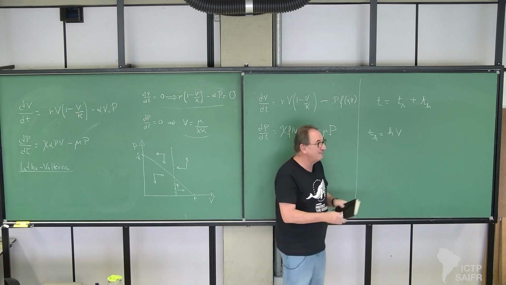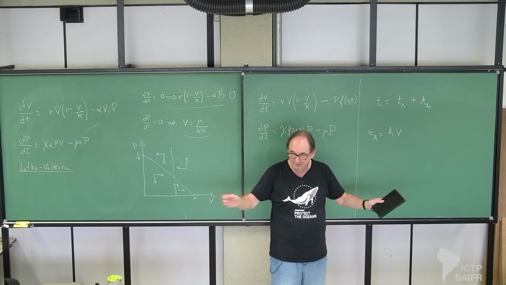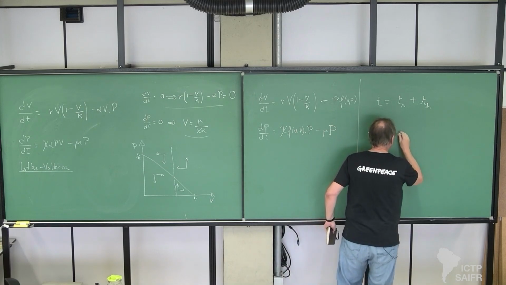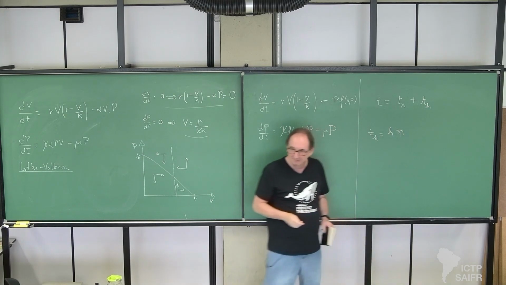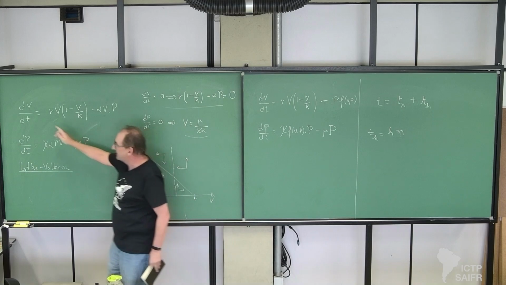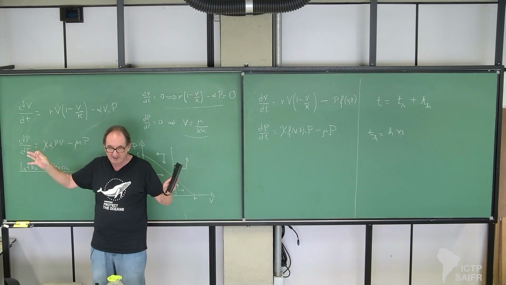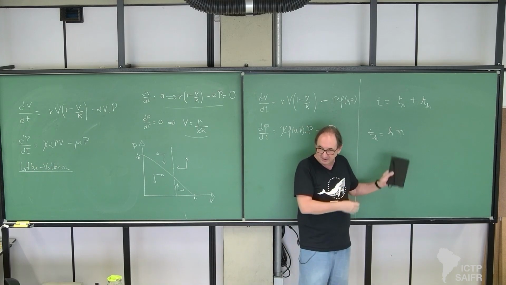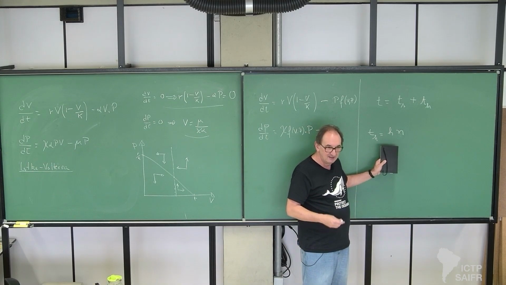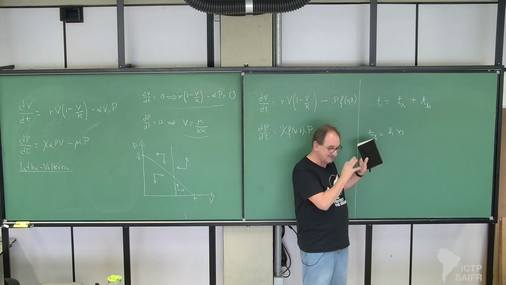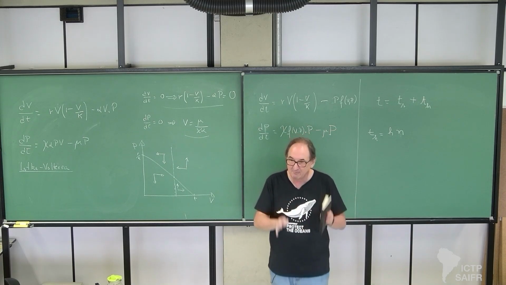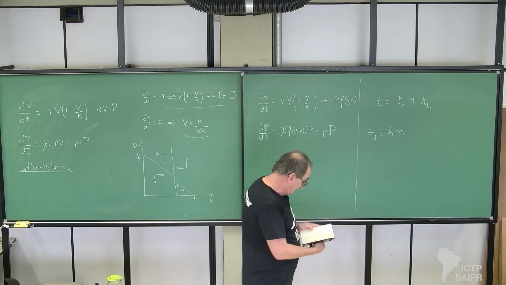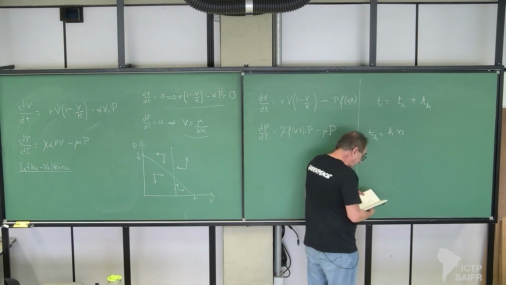It's not the total number of prey that are available. So maybe we change this to n, not to confuse. It's not exactly v. V is the total population of prey. What we want is the number of prey being consumed, so I will change the notation in order to make this distinction.